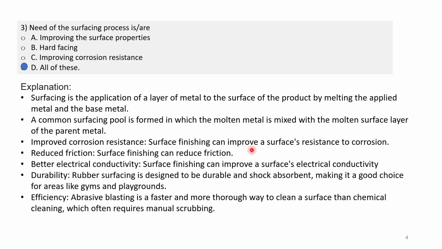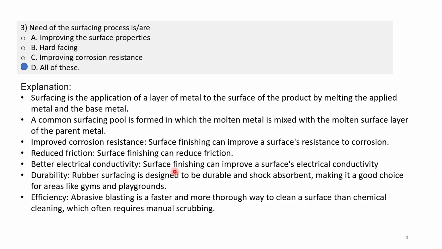Surface finishing can improve a surface's resistance to corrosion. It can reduce friction. It can improve the electrical conductivity. Surface finishing can also improve a surface's electrical conductivity. It can improve durability.